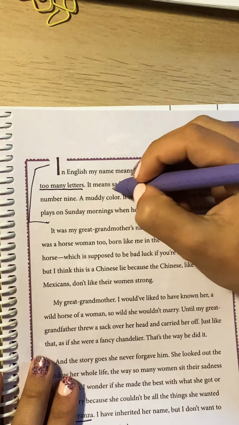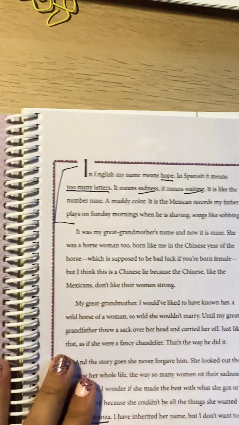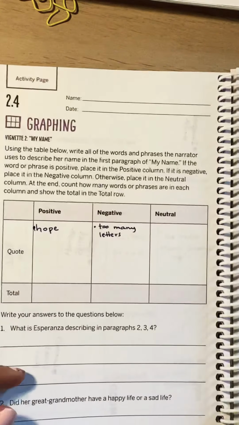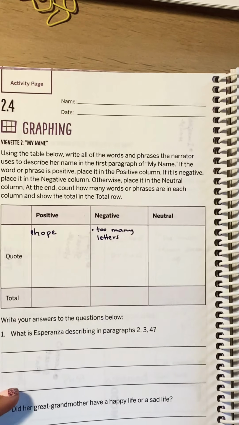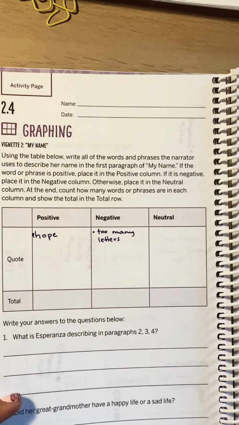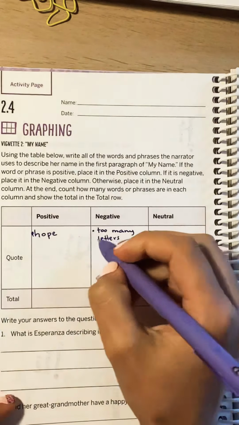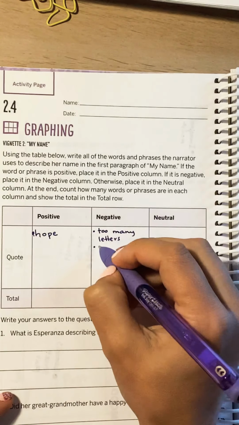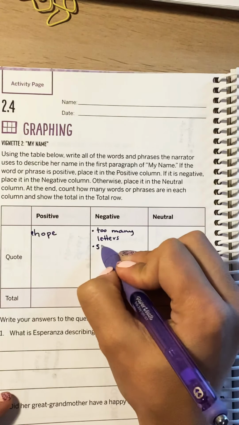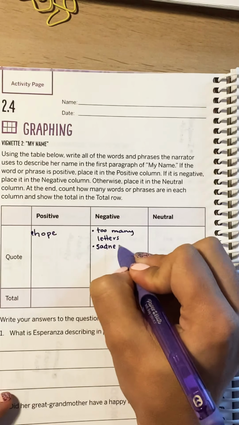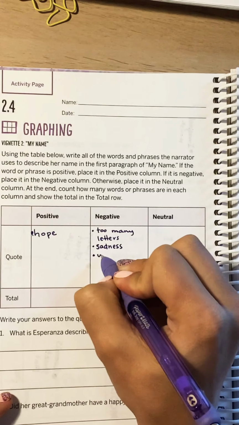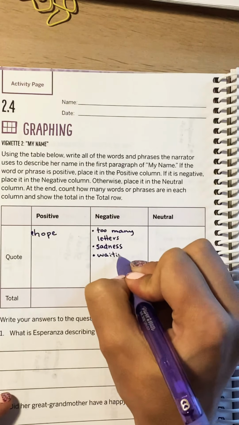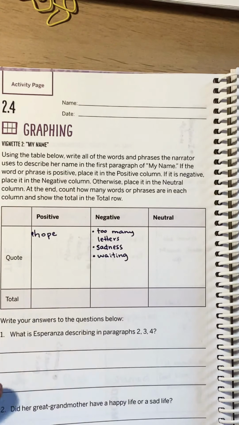It means sadness, it means waiting. Okay, sadness and waiting. Definitely negative. Sorry, one of my cats is trying to join this lesson. Sadness, waiting.